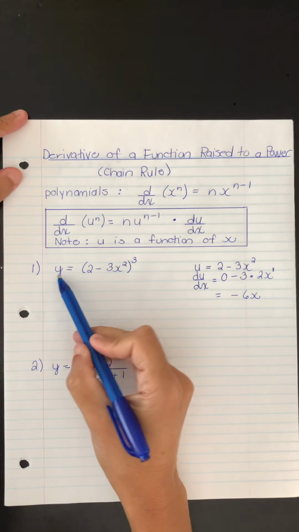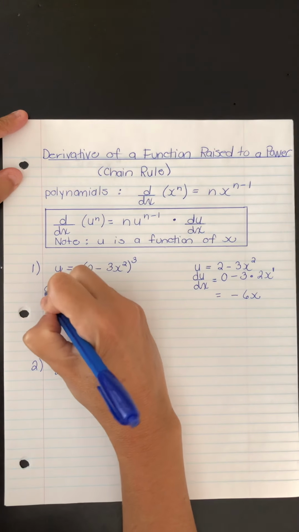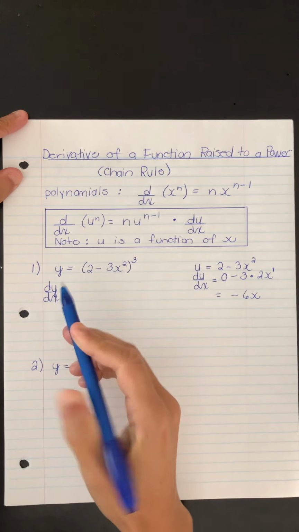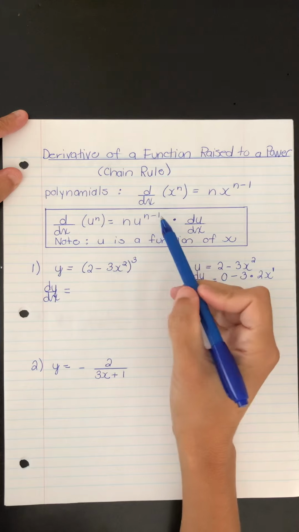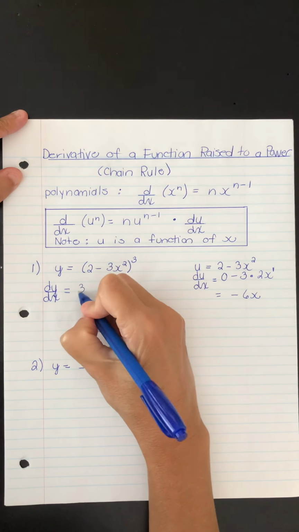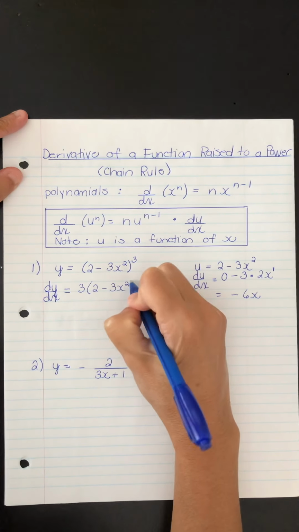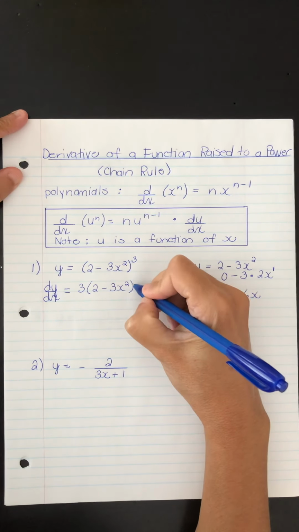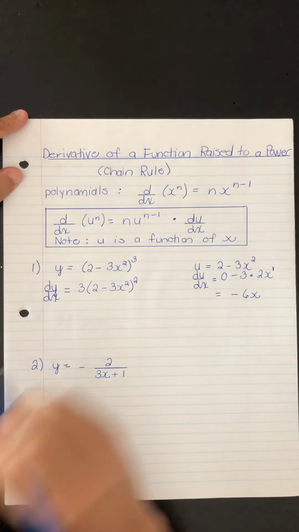Okay, so what is the derivative of this function y? The derivative of y with respect to x is equal to, first we do this part. So the exponent comes forward. Then we subtract 1 from the exponent to make it 2.